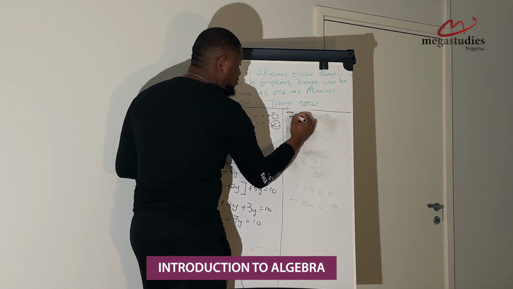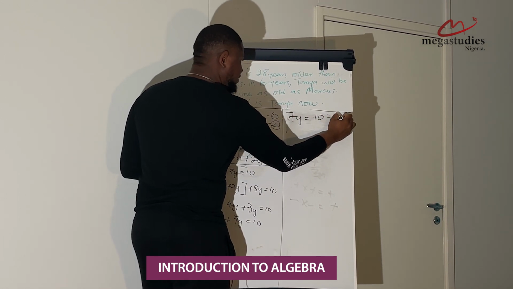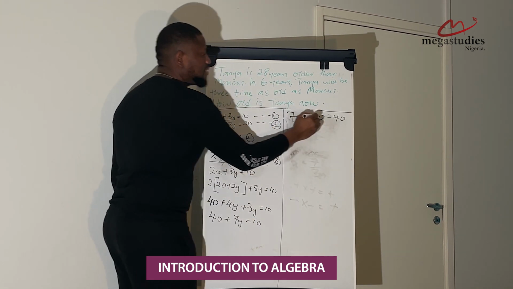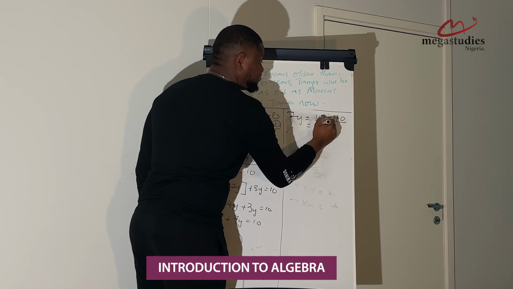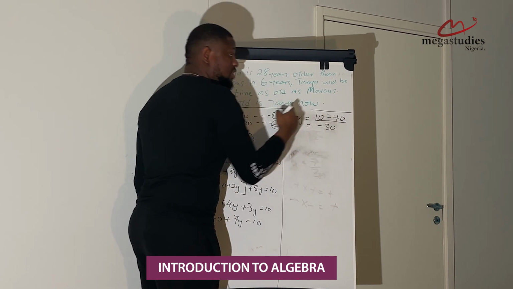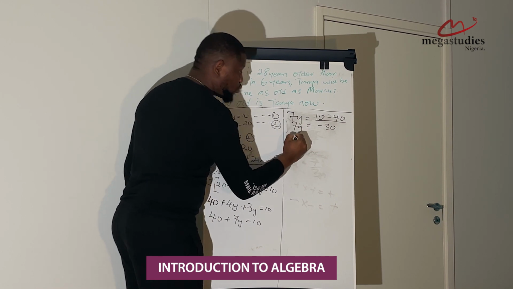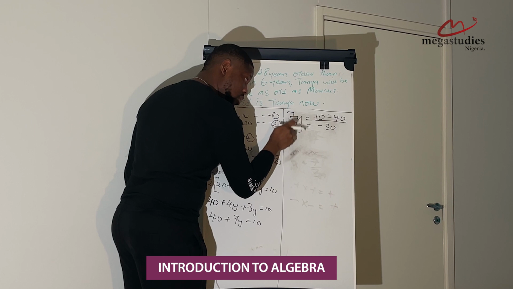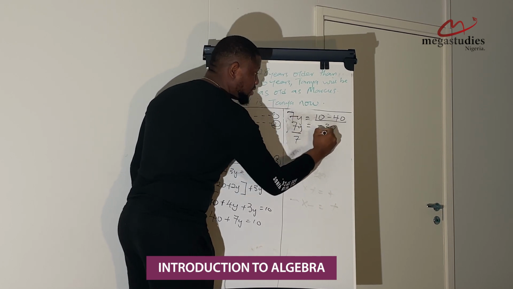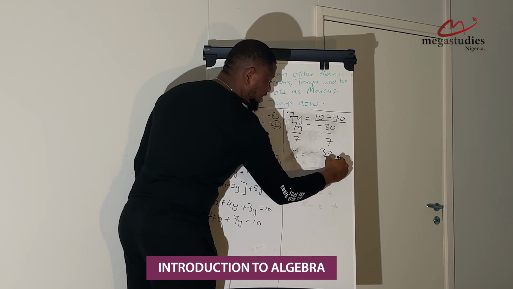It will be 7y equals 10 minus 40. 10 minus 40 is equal to minus 30 because 10 is smaller. So this is 7y. Now, because we are looking for y, we divide both sides by 7. So y is equal to minus 30 over 7.